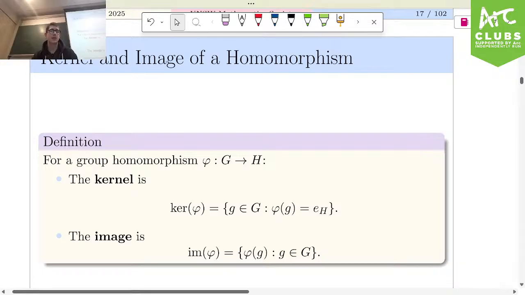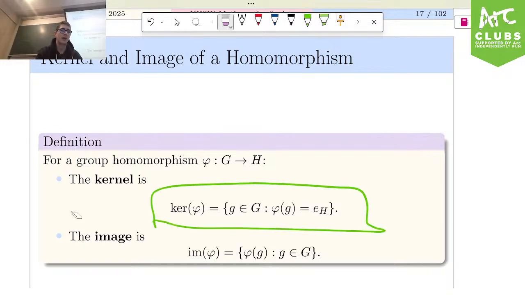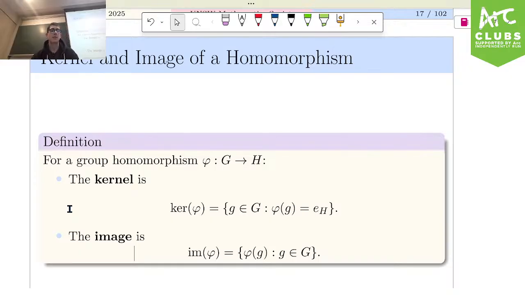Okay, so this is where it gets a bit technical, in terms of this loose intuition behind replicating the structure of a group. The way I like to think about the kernel is as the elements of G that can't really be replicated in H, so the only choice we have is to send them to the identity. In linear maps, the kernel is everything that maps to the zero vector, so it's similar to linear transformations.